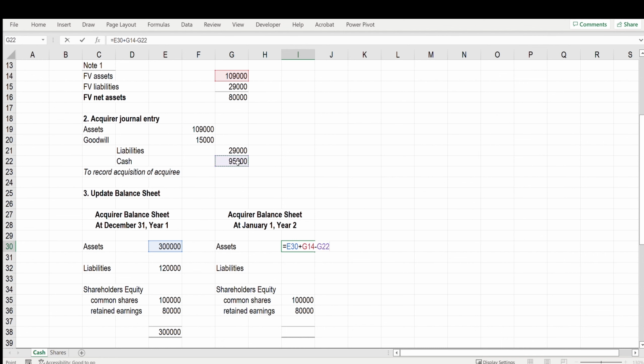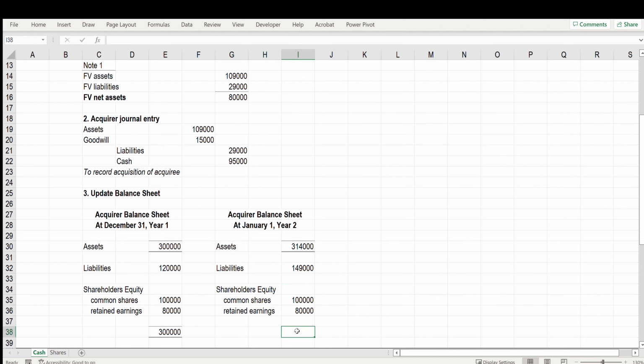So our new assets are $314,000. The liabilities are going to be what we had previously, $120,000, plus the liabilities of Cookie Company that we have acquired, $29,000. So our new liabilities are $149,000.